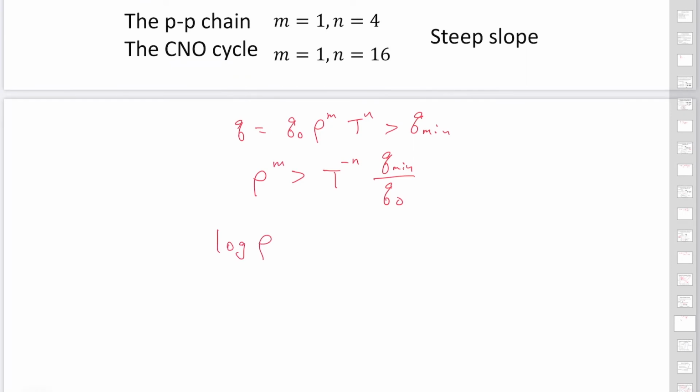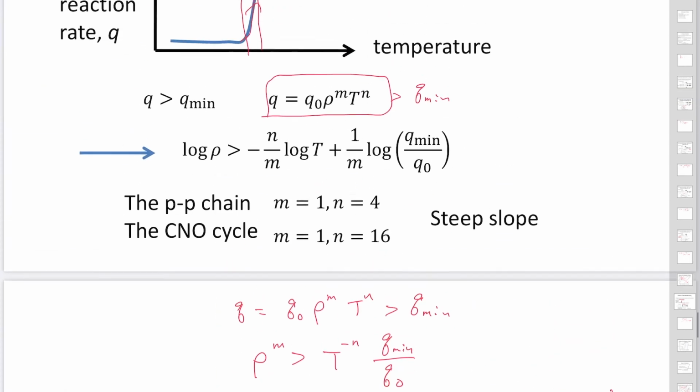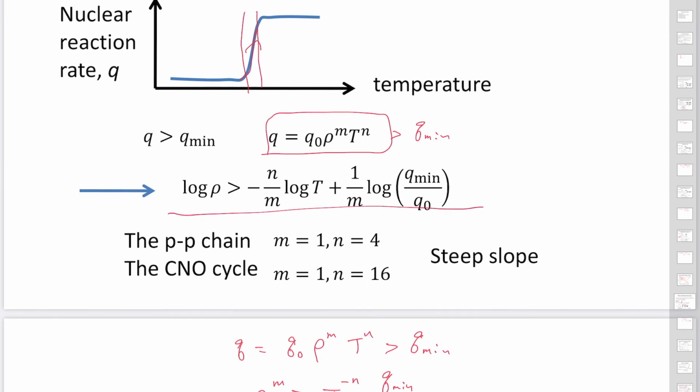So log rho is larger than minus n over m log T plus 1 over m log of Q_mean over Q_0. Okay, so we discovered this equation. So if you draw the nuclear burning, it's expressed with straight lines.